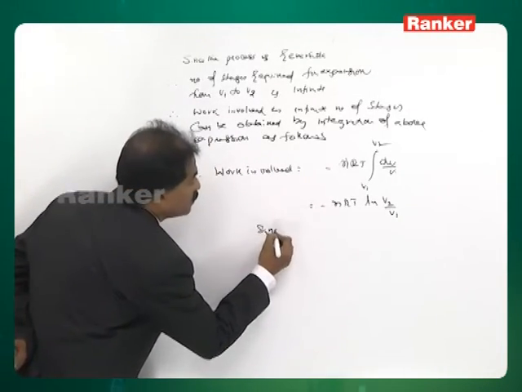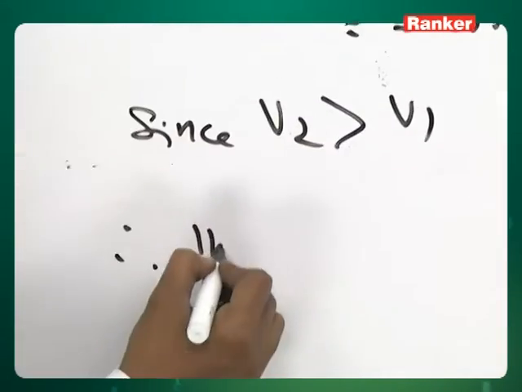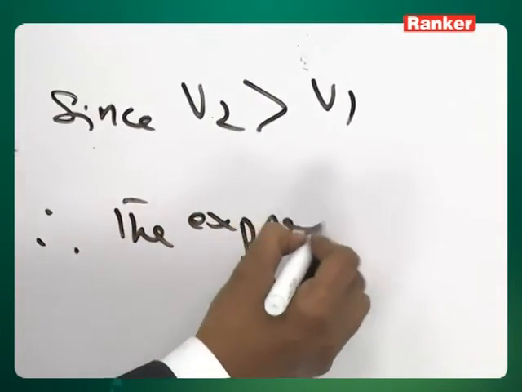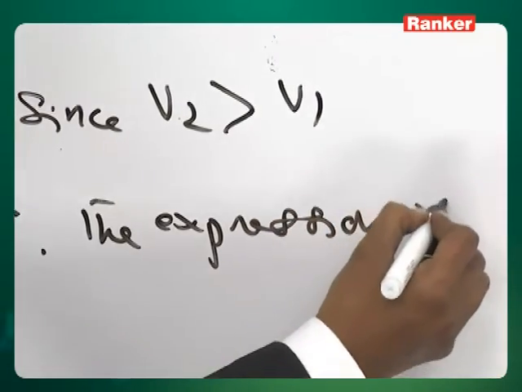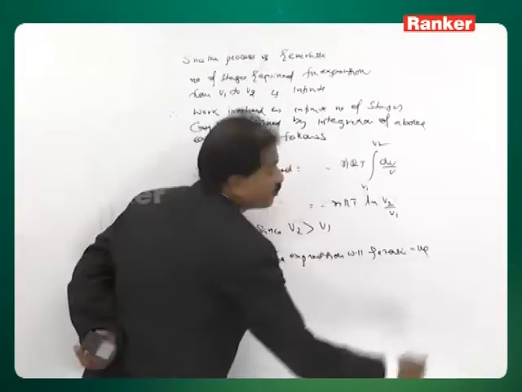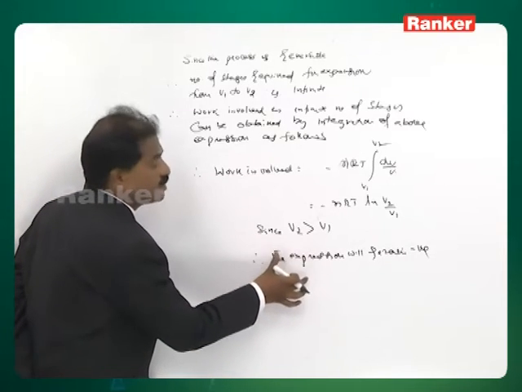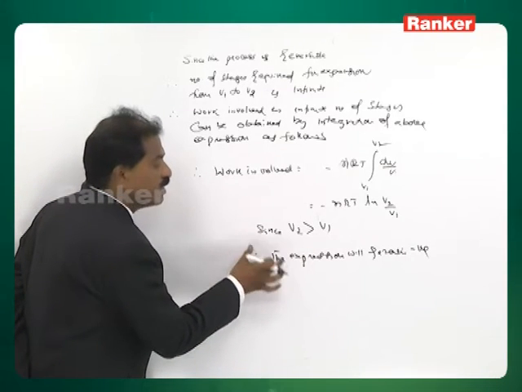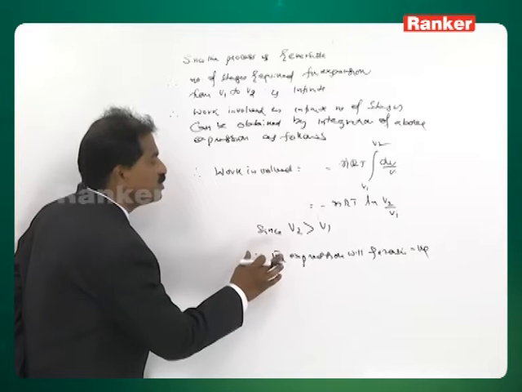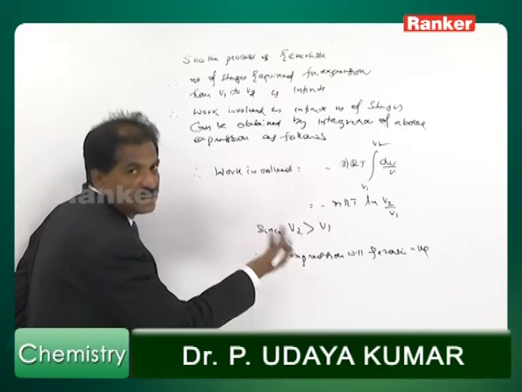Next, since V2 is greater than V1, the expression will remain negative. If the final expression is negative, then we can say the gas is doing some work. When a gas does some work, its internal energy decreases.